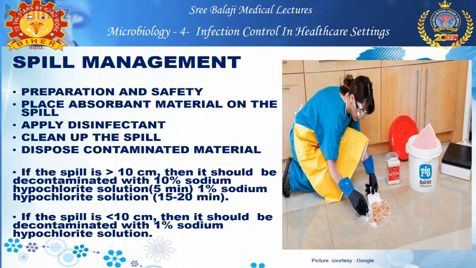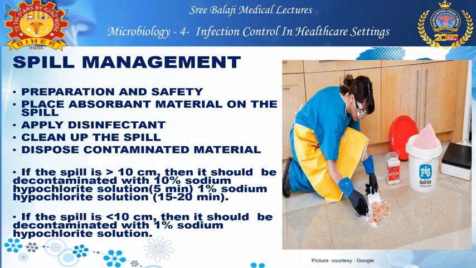Then take the spill kit, which will usually be stored in each department or each room. There will be an absorbent material provided. It could be either sand or tissue, whatever is given. Take it and immediately cover the spill with the absorbent material.